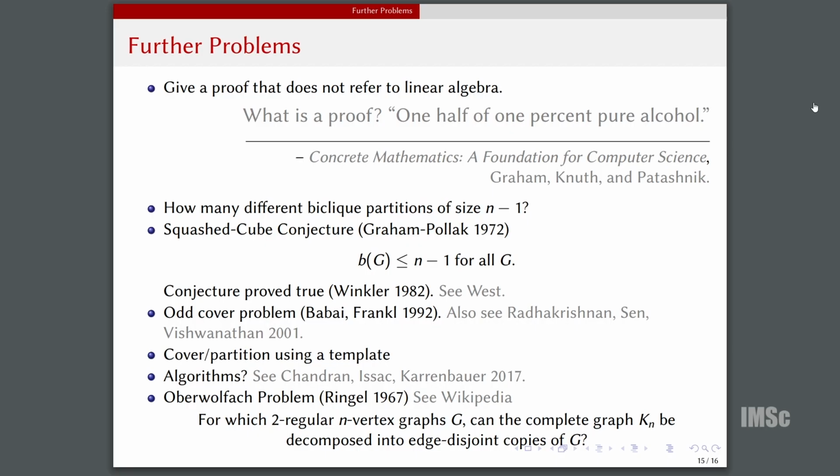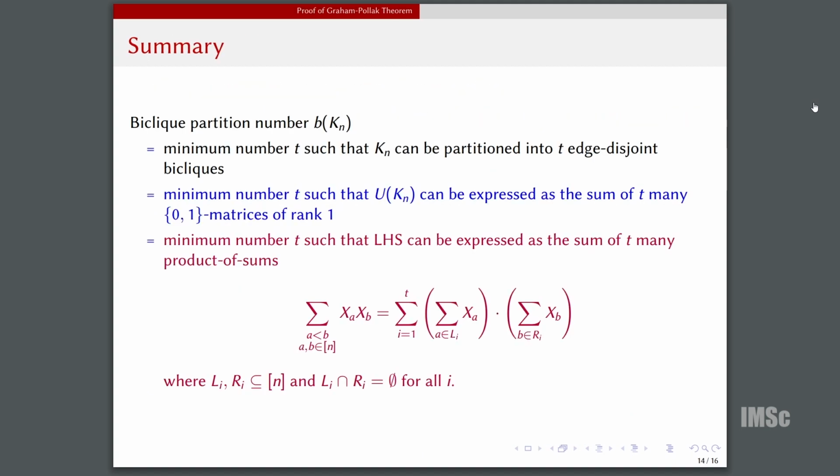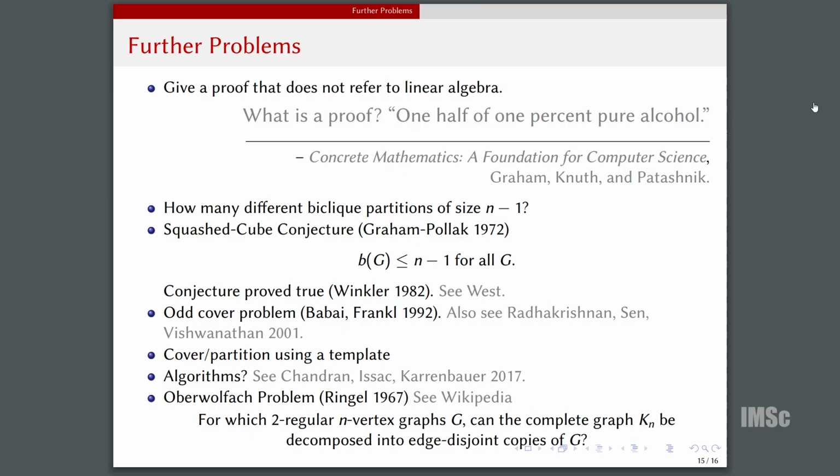Here Chandran and coauthors gave an algorithm that uses this binary rank definition, and their algorithm also uses the linear algebra approach to biclique partition. I think their algorithm is the best one. So what is the decision problem?